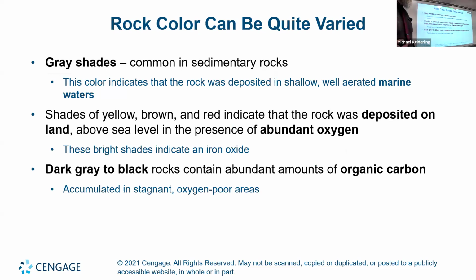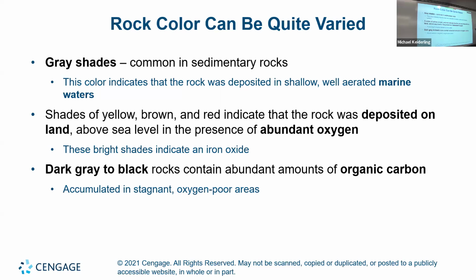So the color of sedimentary rocks can be quite varied. Gray is fairly common. This indicates the rock was generally deposited within shallow, well-aerated marine waters. Organic material oxidizes to dark colors, and this is like slow oxidation.